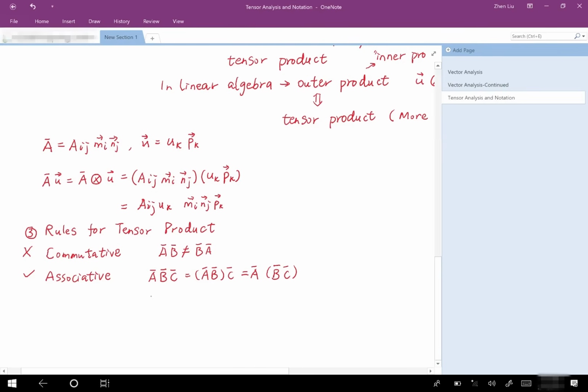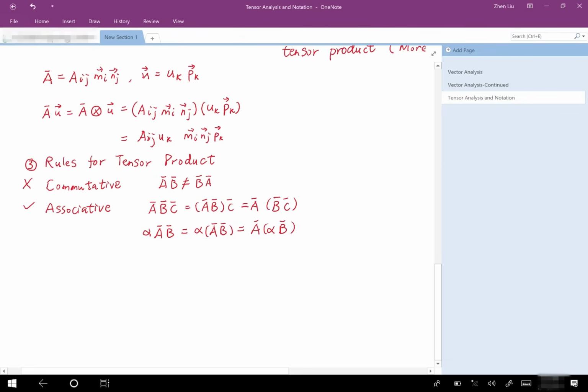For example, let's have alpha A, B. If it's a scalar, we can move the scalar around. So it could be something like alpha A, B, or A, alpha, B. So associativity does hold for the tensor product.